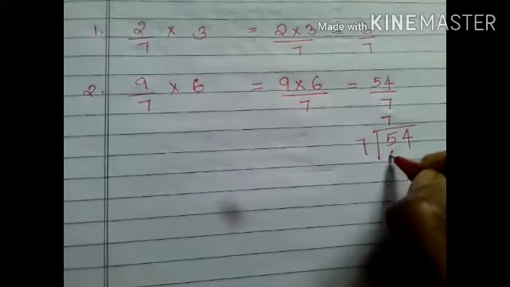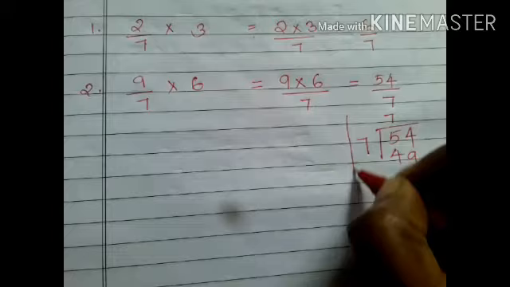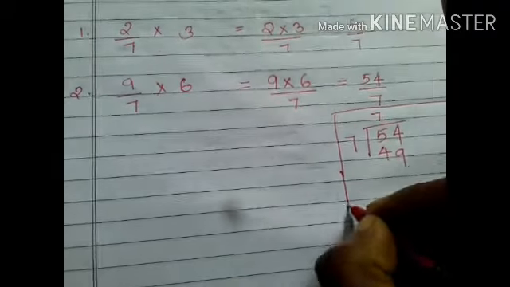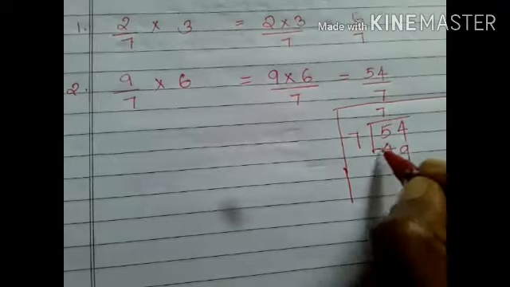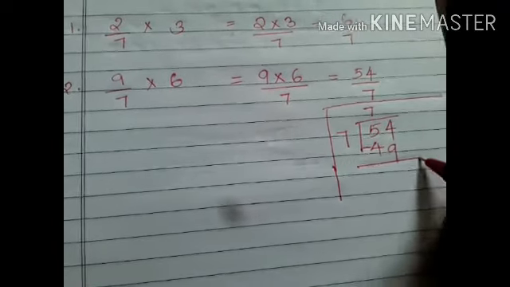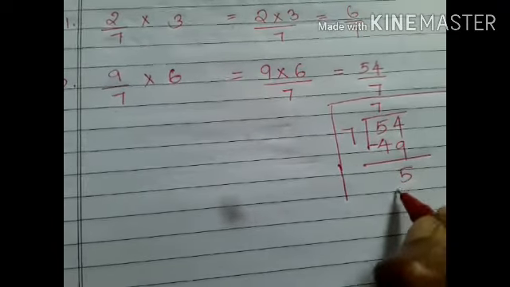7 sevens are 49. Then subtract the numbers, we get 5.